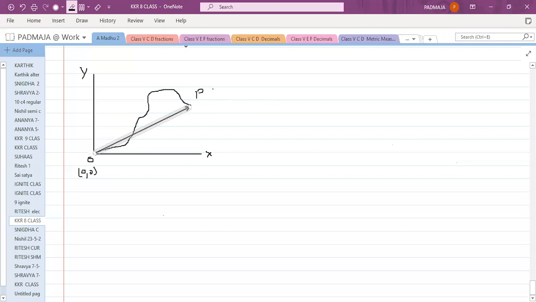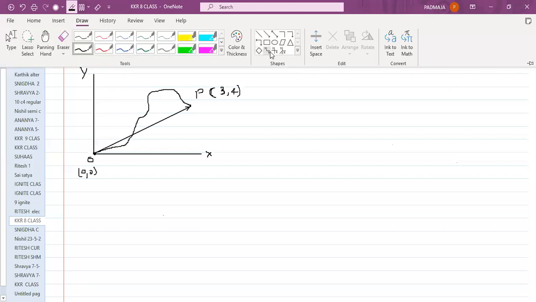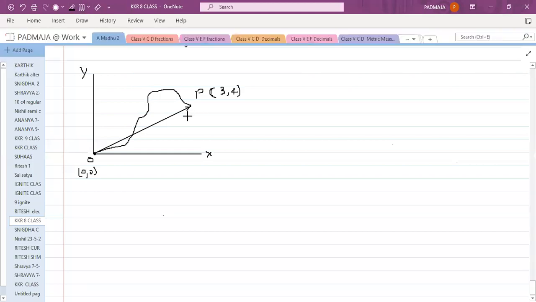Let us suppose the particle has traveled to a point P whose coordinates are 3, 4. That means it traveled 3 meters along the x-axis and 4 meters along the y-axis.